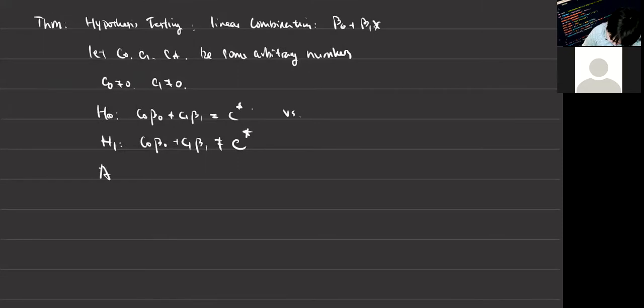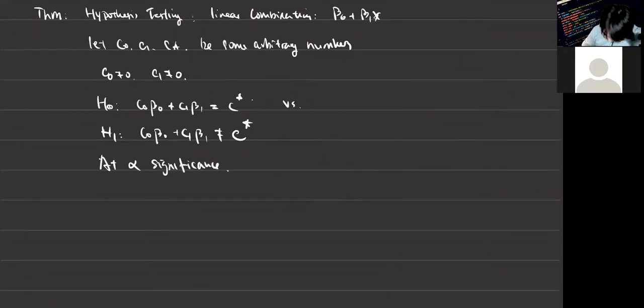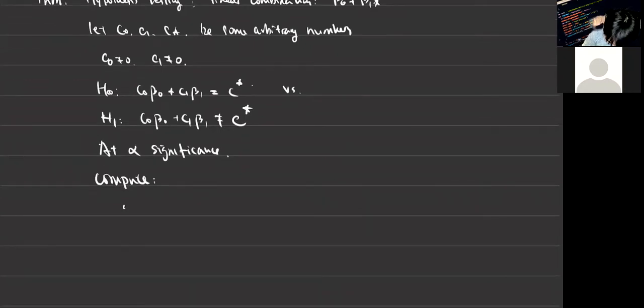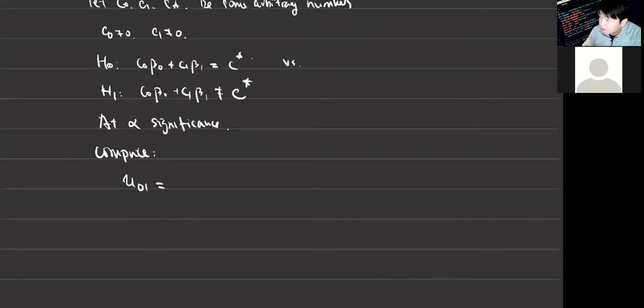So at significance level alpha, you can compute the test statistic. This notation is U01. Let me copy this whole thing down and I'll explain it. It's quite long, so bear with me.